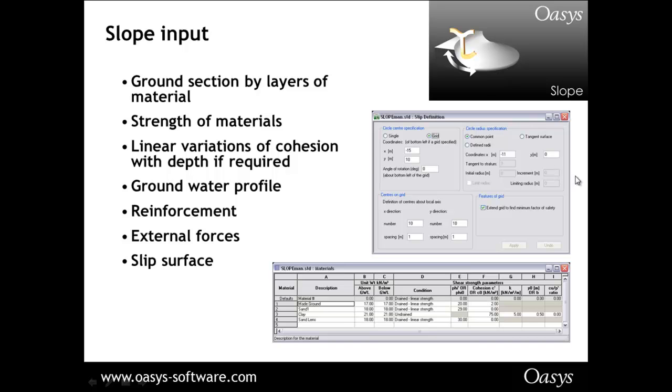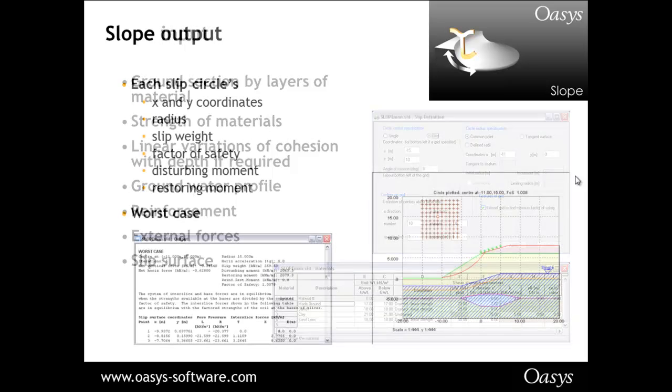So depending on the type of analysis and the design you're doing, you have to specify that accordingly. It is worth mentioning here also that Slope has a number of features. So for example, you could even look into earthquake analysis and how slopes behave under earthquakes and various other things as well. So those options are available to the user.